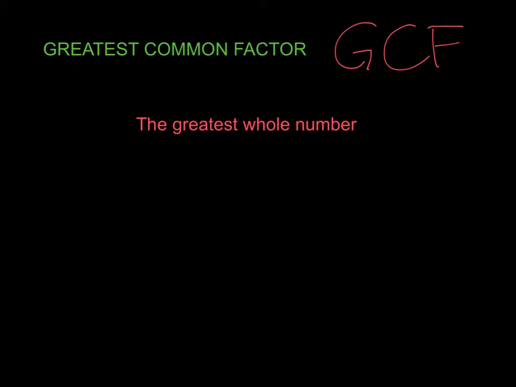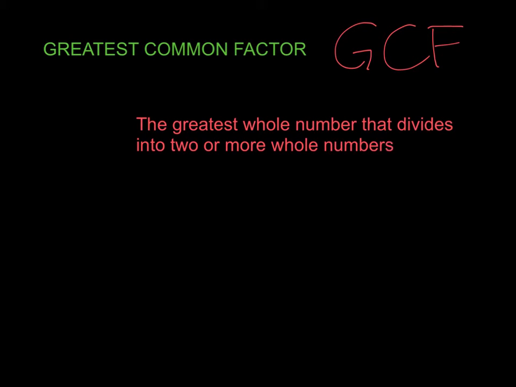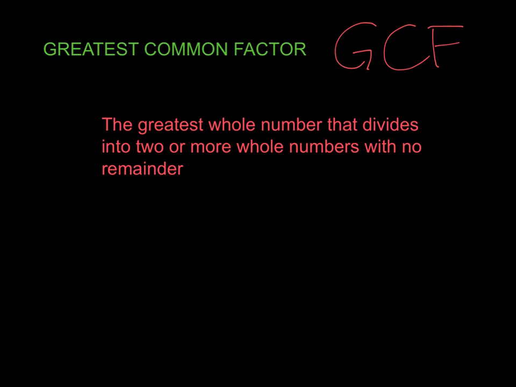It's the biggest whole number that divides into two or more whole numbers with no remainder. So again, we're not dealing with fractions or decimals. We are dealing with whole numbers. So let's take a look at an example of what this means.